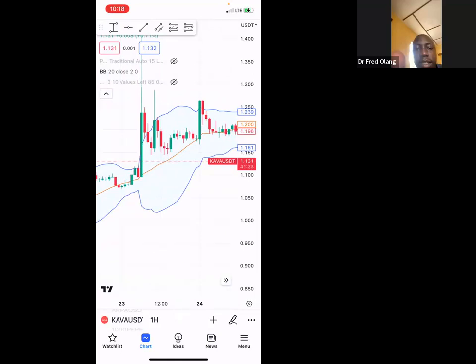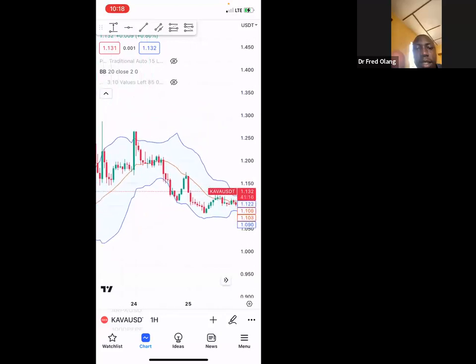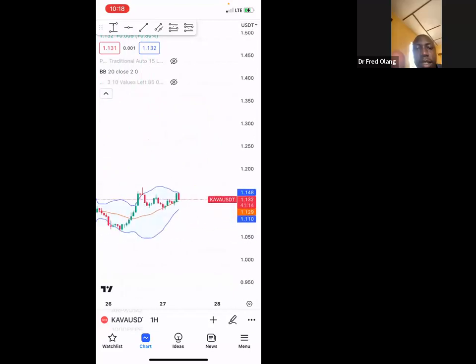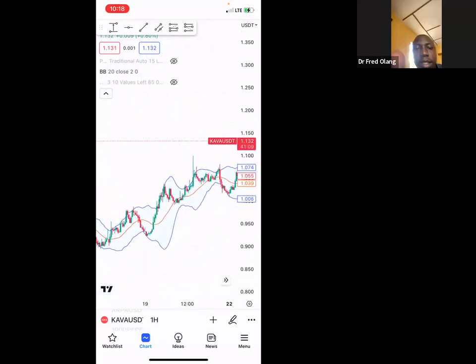But what I want you to appreciate is that this band is a powerful tool that can help you make money if you learn how to use it correctly, especially if combined with other indicators. So here is the game, guys. The orange line is a moving average.